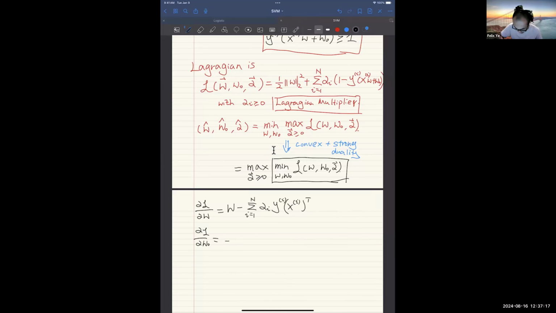That will be minus the summation of i from 1 to n of alpha i yi. Both I'm going to set equal to 0.